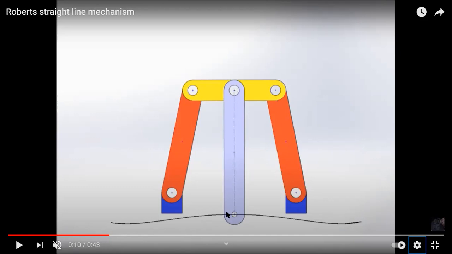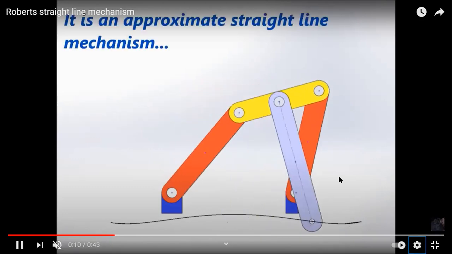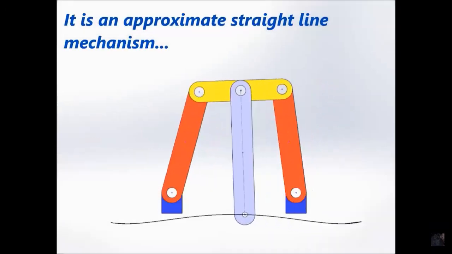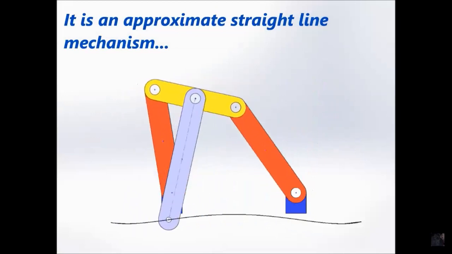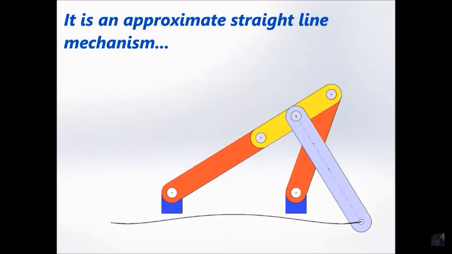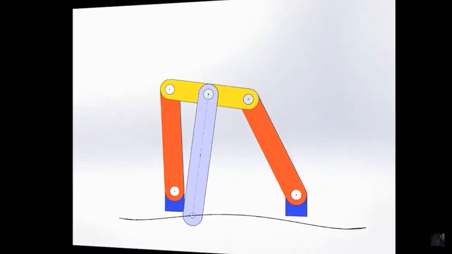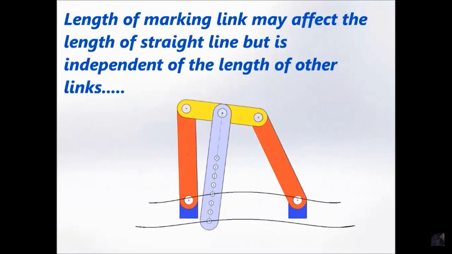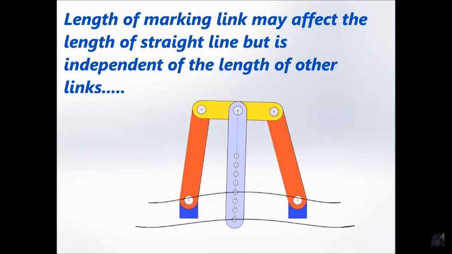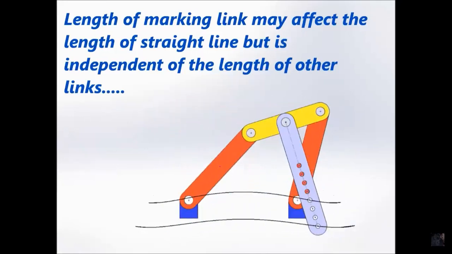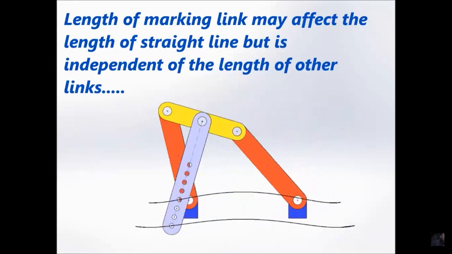And this is the intermediate lever which is fixed at the center of the two links, that is AB, and this is the point P and this is the Q, and this forms a straight line, and the working can be seen in the video. So that is the working.